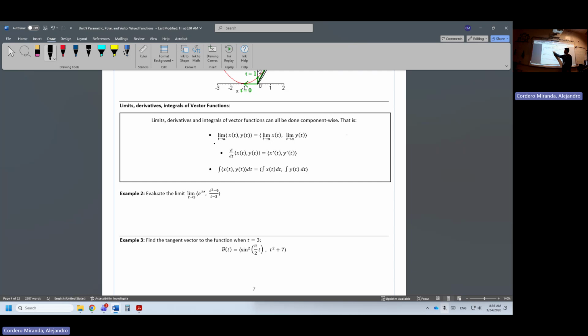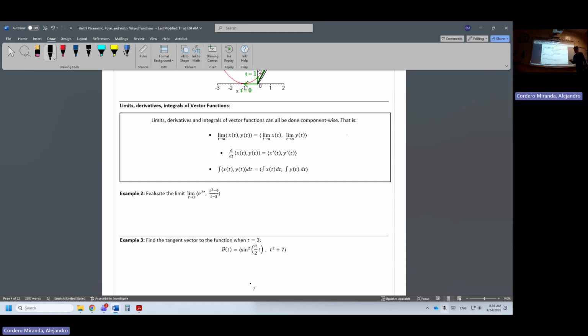So what I mean is, if you take the limit of a vector function, you just take the limit of the x, the limit of the y. The derivative of a vector function would be the derivative of the x, the derivative of the y. Integrals, same thing. So that's at least good news. It's not like this crazy rule where the x and the y interact in some weird way. You just think of them as separate functions and put a comma between them.